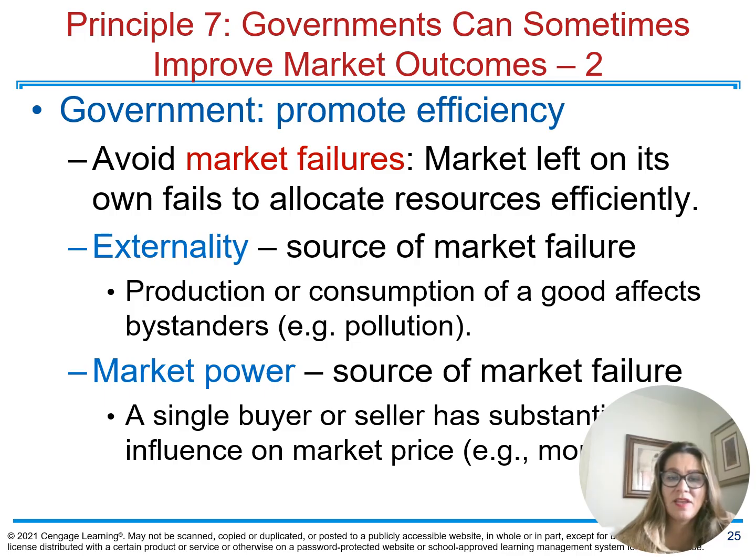Externality is a source of market failure. The definition of externality is when the production or consumption of a good affects bystanders. For example, pollution. Let's suppose that we have a new car factory opening in town. Suppose that Tesla moves into our neighborhood.